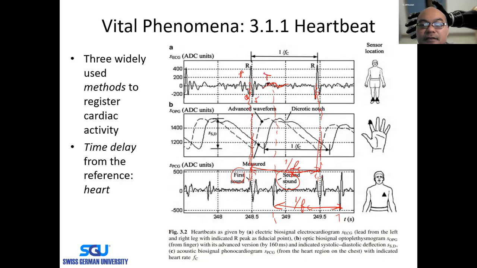Usually the electrocardiogram, ECG, is represented as PQRST. R is the peak where ventricular systole occurs. Please review the previous lecture, the recorded video and the slides, where we describe the physiology and electrical activity of the heart.